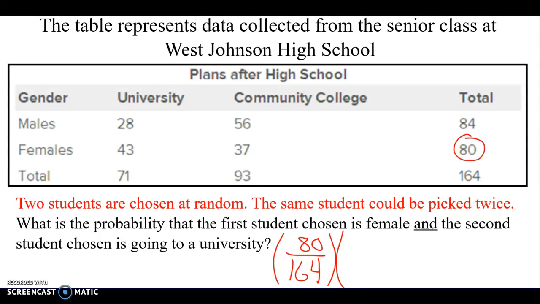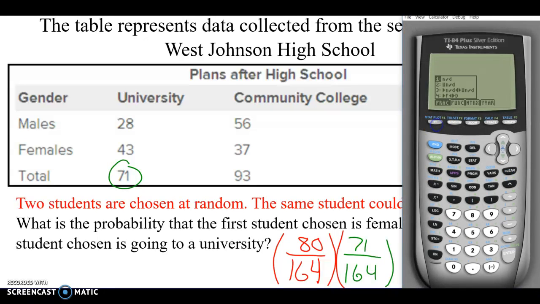So where on this table are the people that are going to university? The total 71. It would be 71. So over here, 71 divided by, yeah, the total again. So in your calculator, you do alpha y equals 80 over 164 times, you have to put a times in the middle, alpha y equals, we can put them in parentheses, 71 over 164, enter.